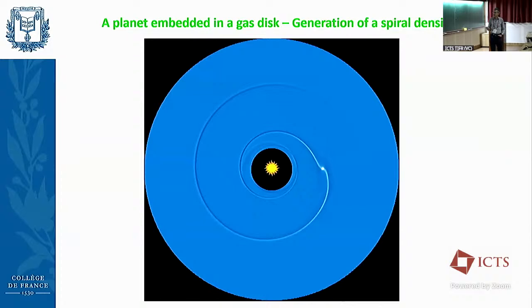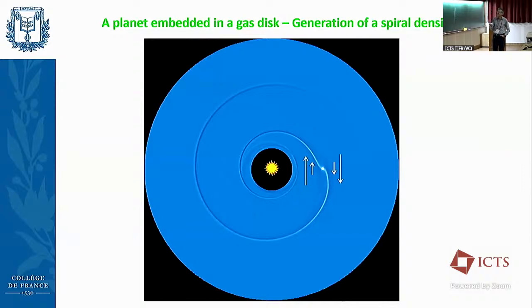So the first question is, why should the planet generate a wave? First, this wave has a clear pattern. The disk around the star turns in a Keplerian fashion, so it is characterized by what is called the Keplerian shear.